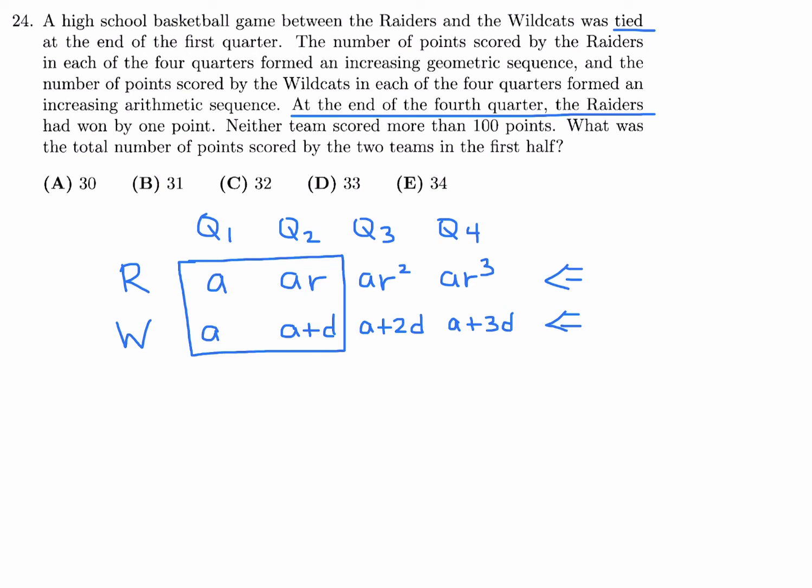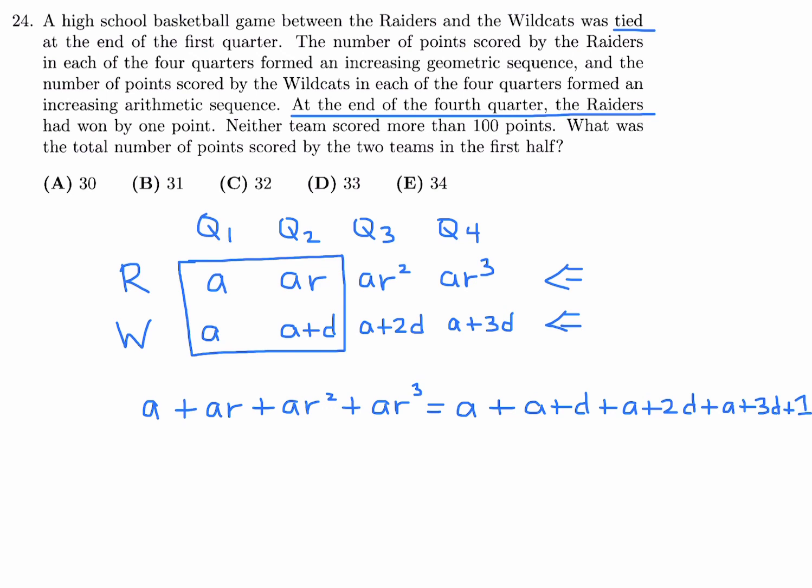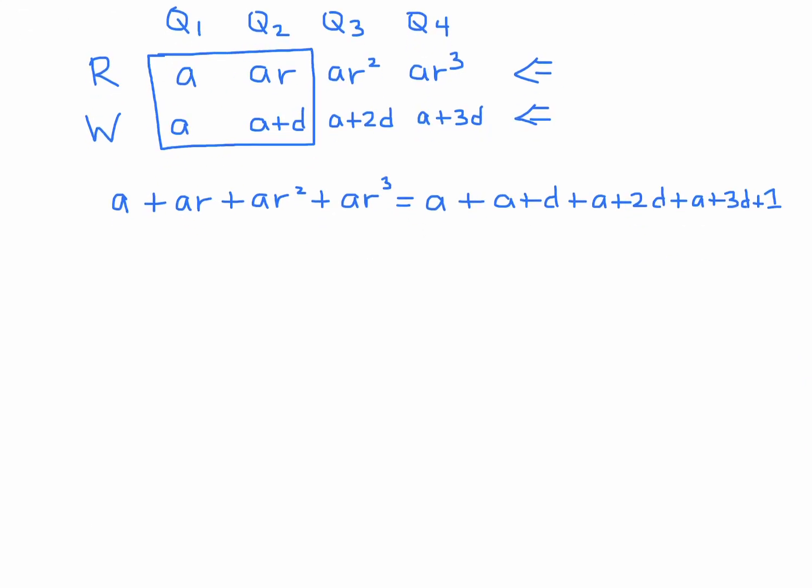If we write it out, A plus AR plus AR squared plus AR to the power 3 is going to be 1 more than that sum, which is A plus (A plus D) plus (A plus 2D) plus (A plus 3D), and then plus 1, right? Because they won by 1 point. So that's our equation.